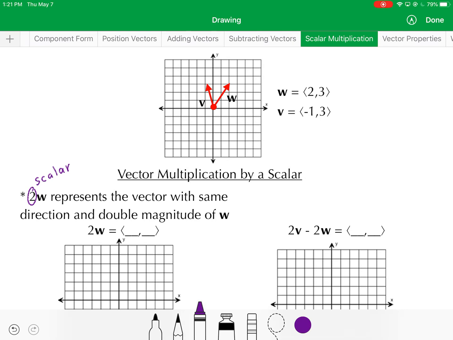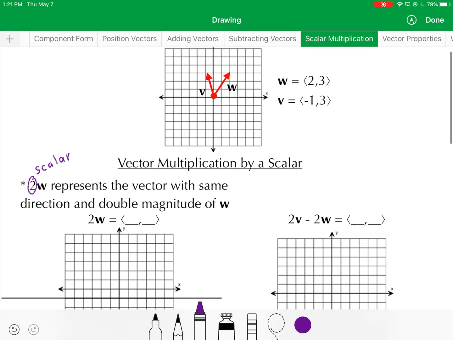And all that wants us to do is find the vector with the same direction as vector w, but double the magnitude of vector w. Okay? And I can get its components very easily just by doubling the components from the original vector w. So that would be 4, 6.